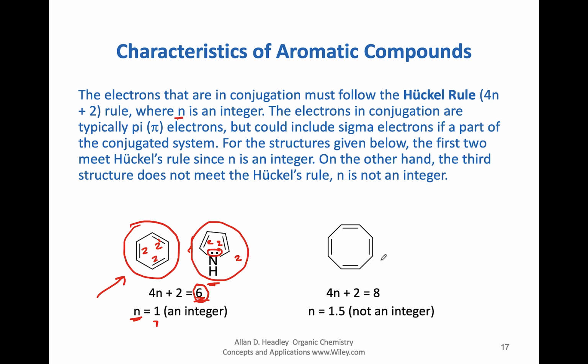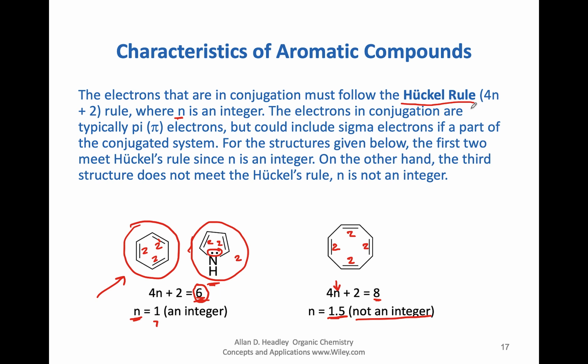Let's look at this one. This has 2 pi electrons here, 2 here, 2 here, and 2 here, which means 4n plus 2 equals 8. We solve for n, and we can see here n is 1.5, not an integer. So therefore, this molecule here fails the criterion of Huckel's rule.